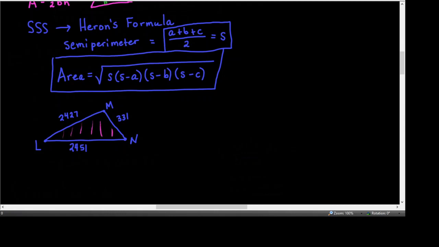Now, if reality kicks in, that triangle is actually on the surface of a sphere. And so what we're about to find is actually not correct. It's as if you were on a flat surface. If the Earth were flat, the area of the triangle. This will not take into account the curvature of the Earth.